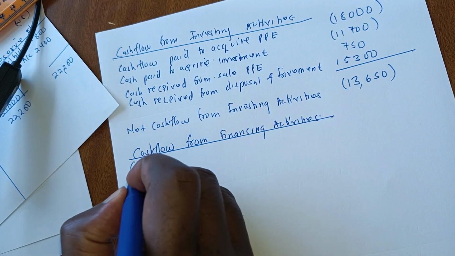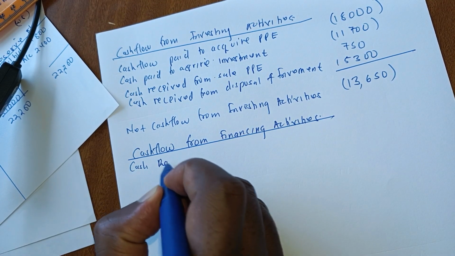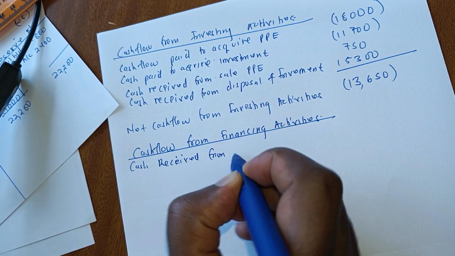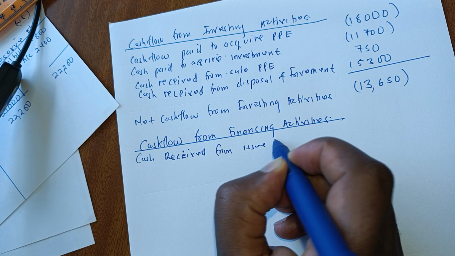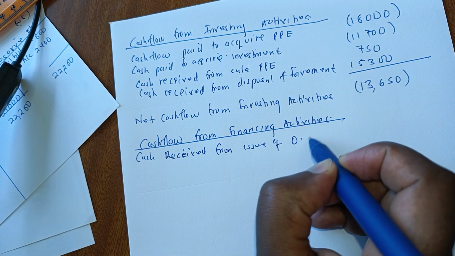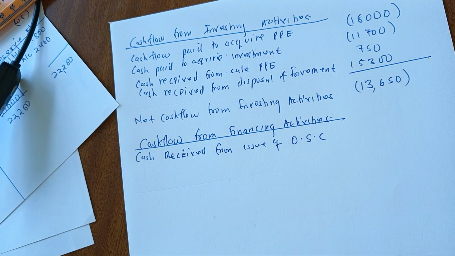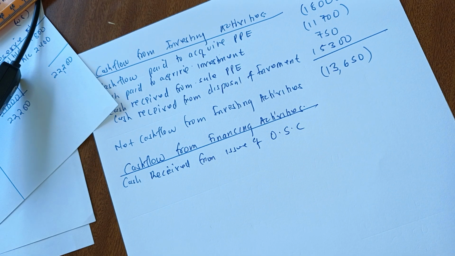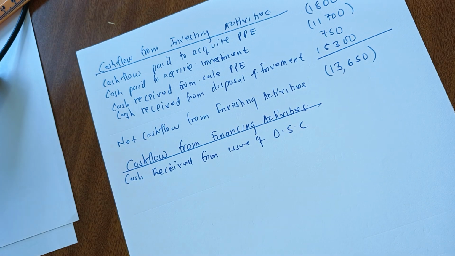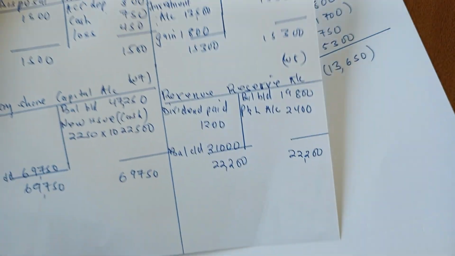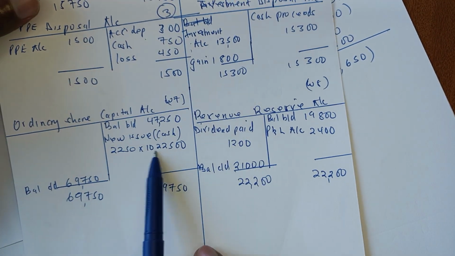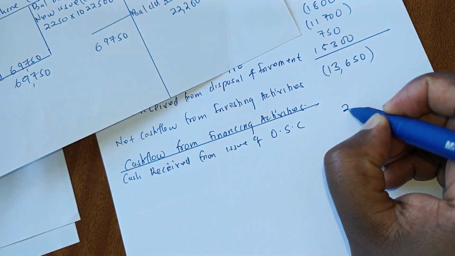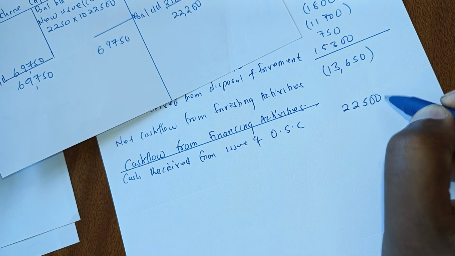The first one is cash received from issue of ordinary shares, ordinary share capital, which we found in working 7, which was 22,500.